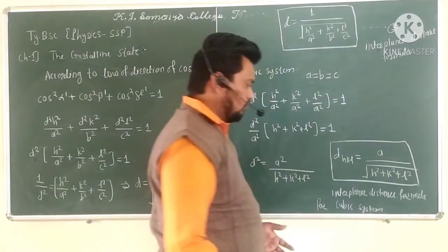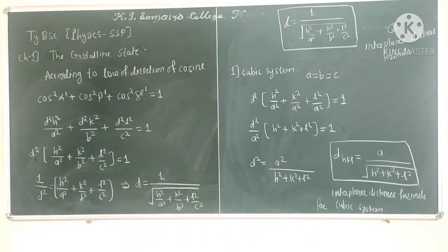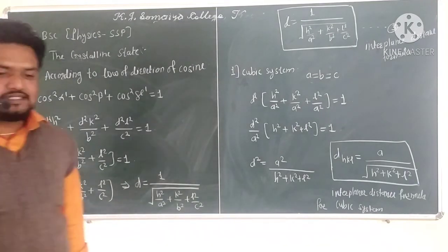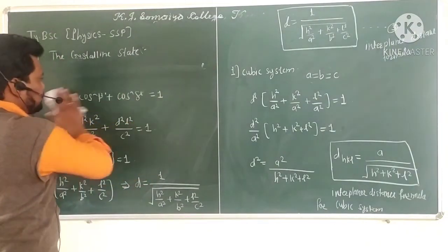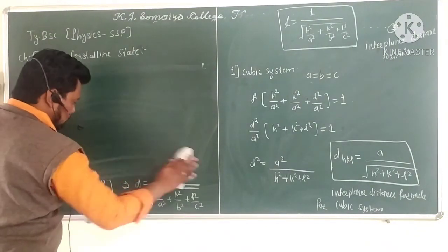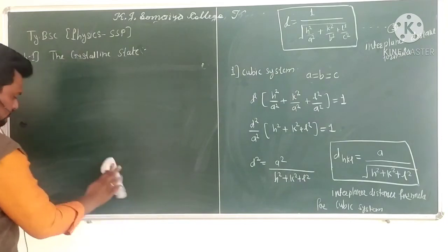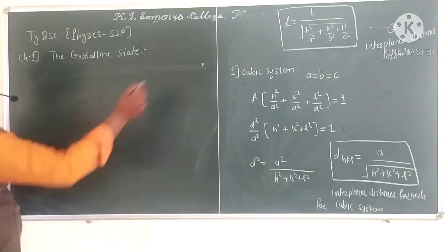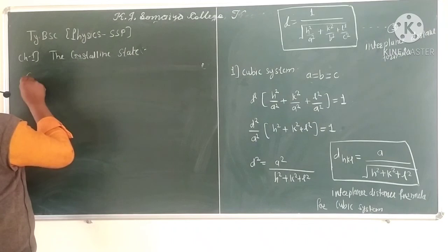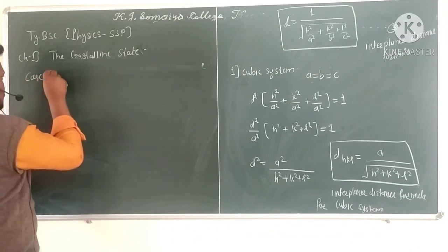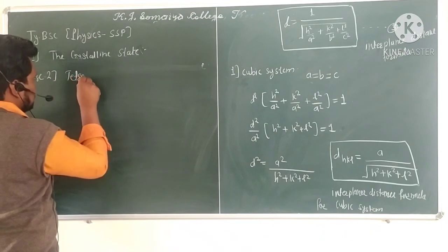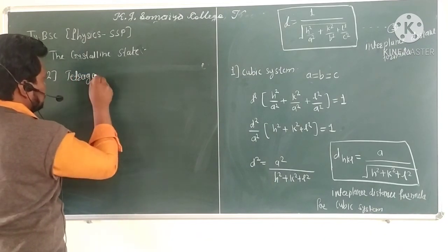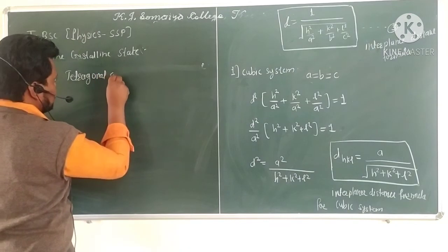Okay, now the next formula, which is considered for the tetragonal system. So this is case number 2, the system considered as the tetragonal system.